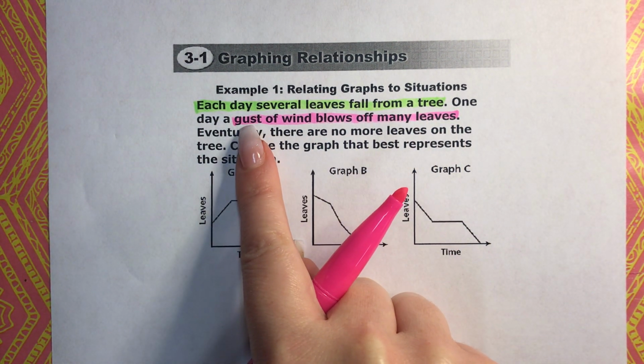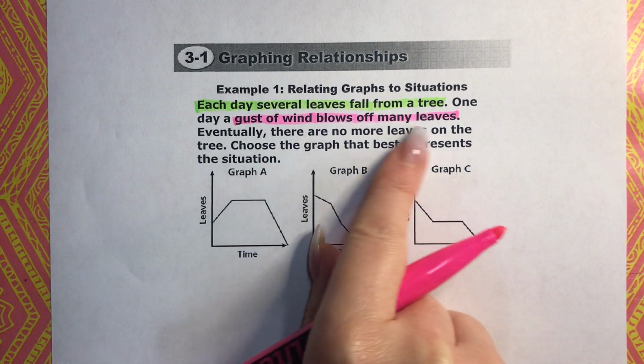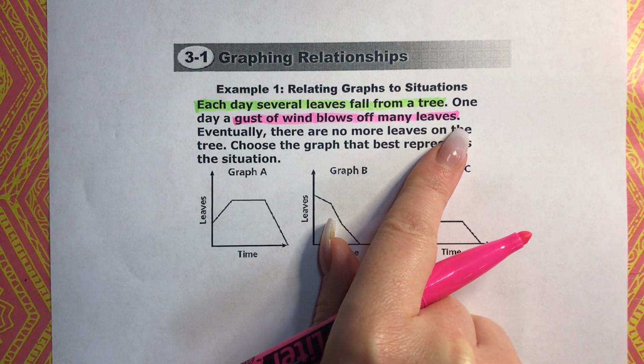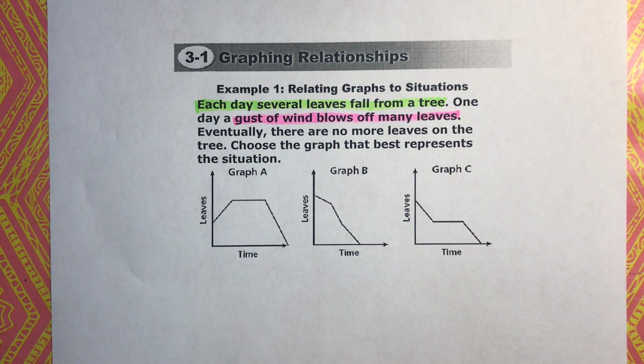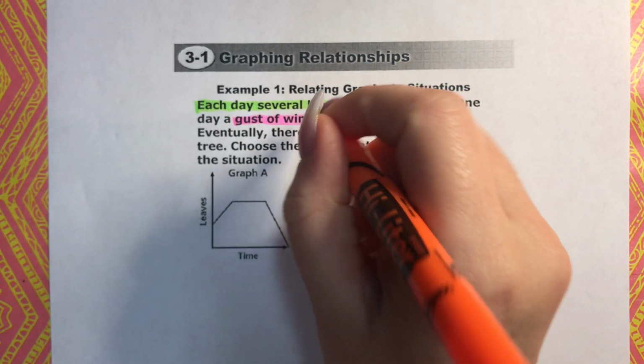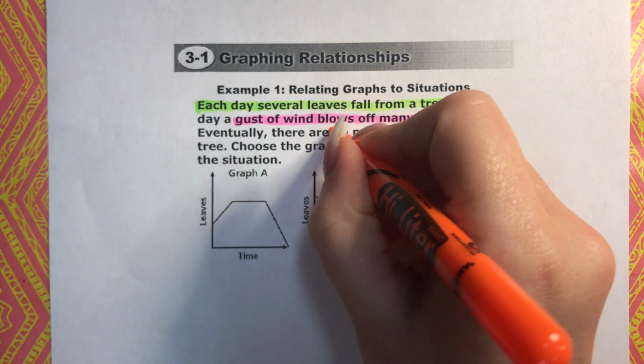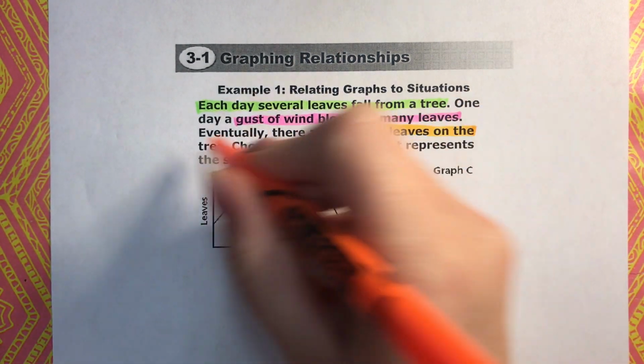So that means that the amount of leaves will go down suddenly, all right? And lastly, it says eventually there are no more leaves on the tree. So all of the leaves are gone. So that makes us know that the y-axis at the end is going to equal 0.